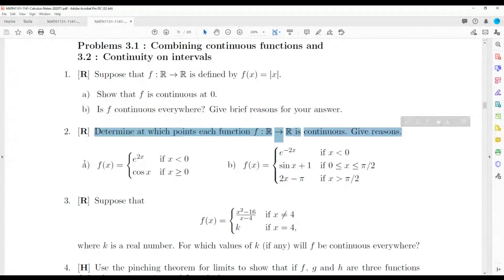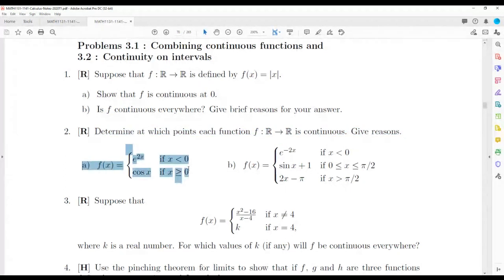All right, so I'll do part A. I think that's an easy one. Once you've done part A, part B is pretty easy to understand. Okay, so you've got a piecewise defined function or a split function, whatever you want to call it. And it involves an exponential and a trig function. And the change happens at x equals 0. Okay, let's work out the continuity of that function.